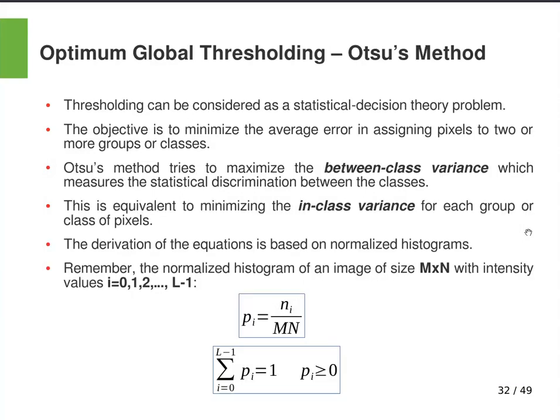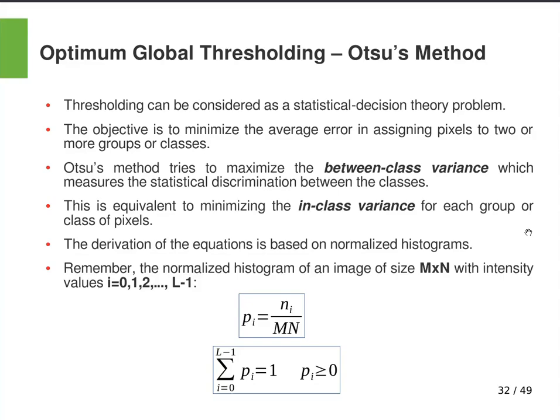Thresholding can be considered as a statistical decision theory problem. The objective is to minimize the average error in assigning pixels to 2 or more groups or classes. Global image thresholding is a good technique, but it doesn't take into account the variance of the groups of pixels.